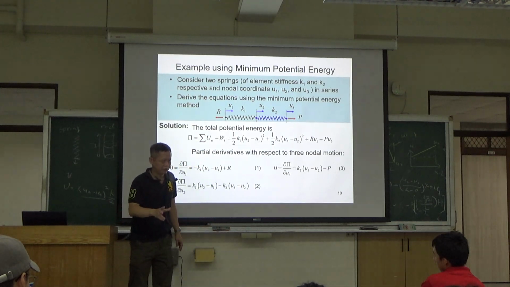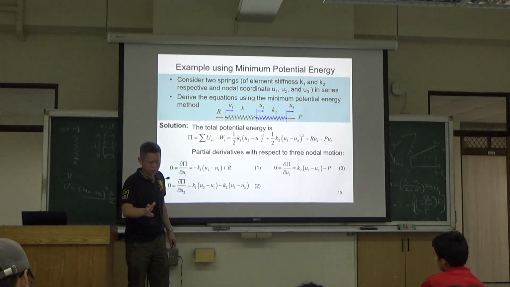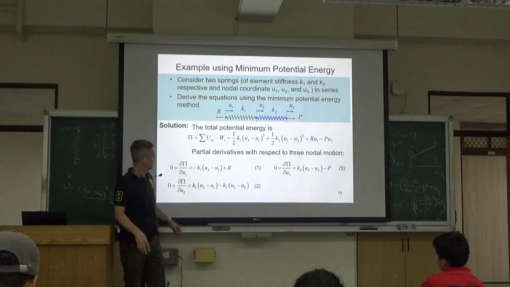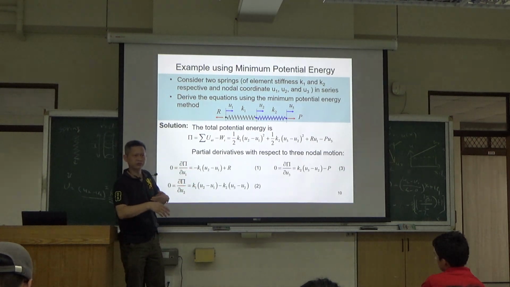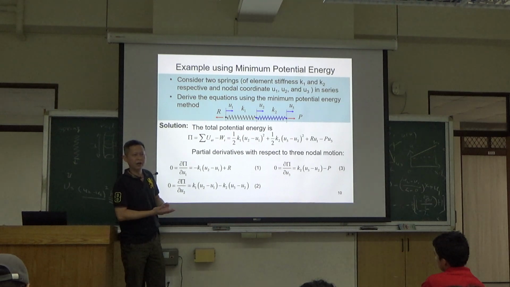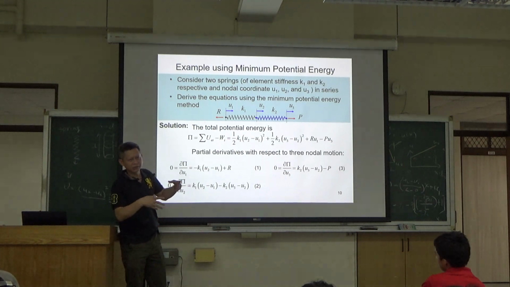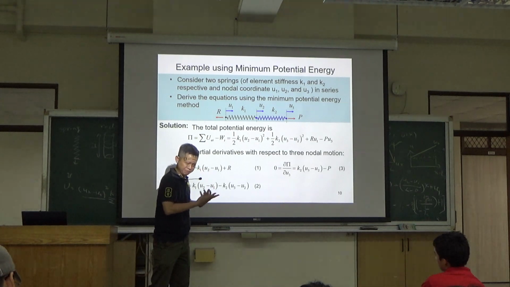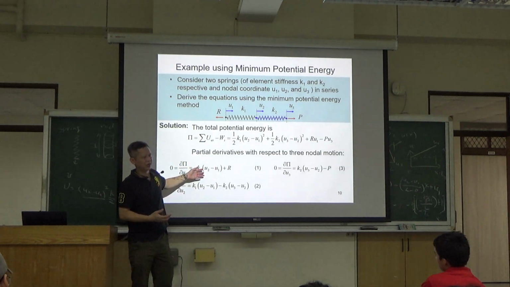So when the theory is valid and lasts until today, that theory must reduce to what you learned before. Energy method, energy is something you don't touch, but it must reduce to something you can measure. That is the force.